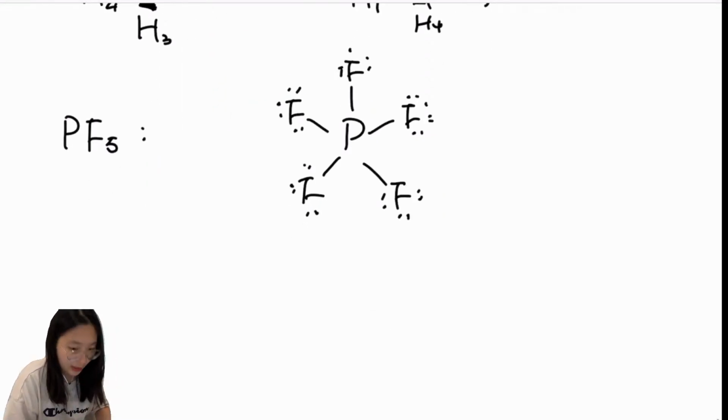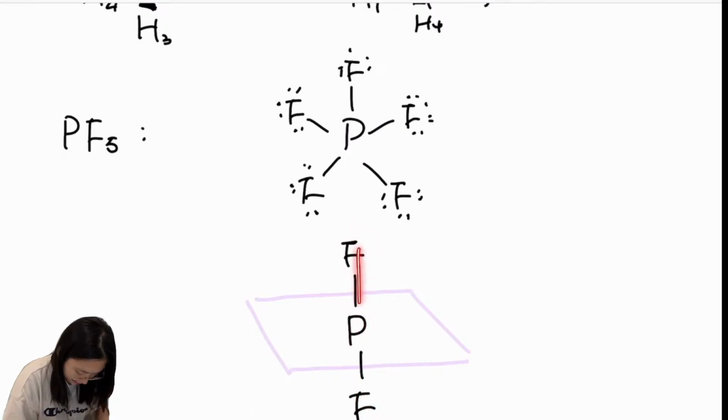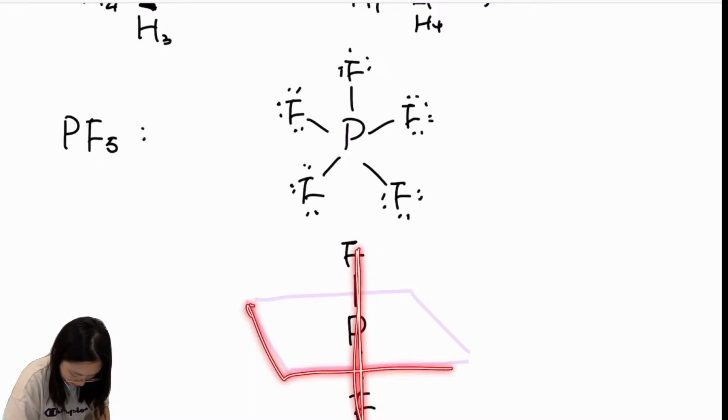Okay, so how they form the balance in the 3D world is, P is the central atom, and then up and down it has 2 fluorines. Okay, and then now we have a surface that is perpendicular to these bonds. So this is vertical, this is the horizontal plane, okay?